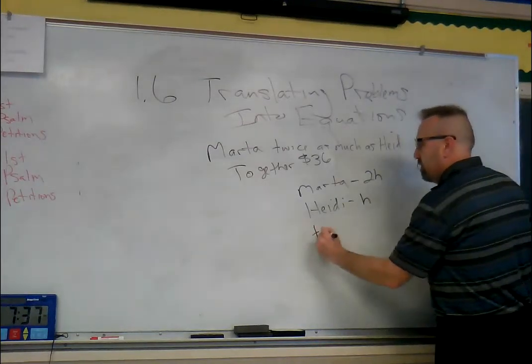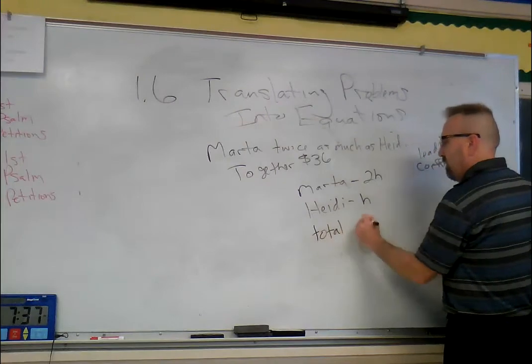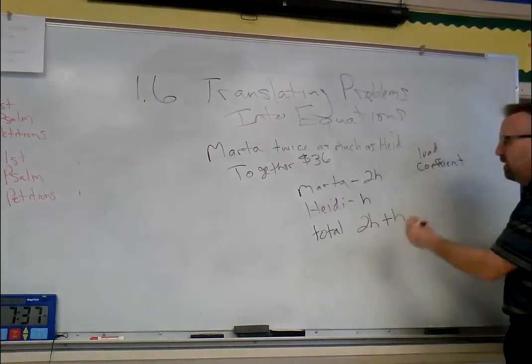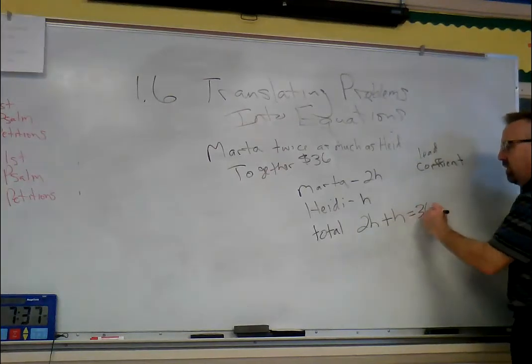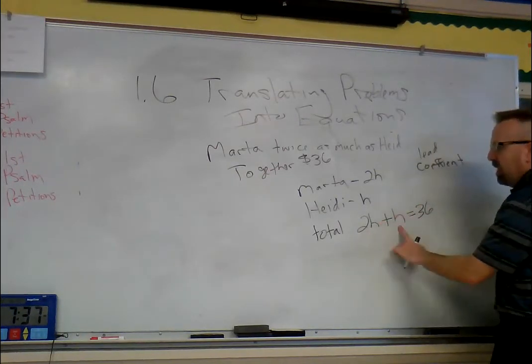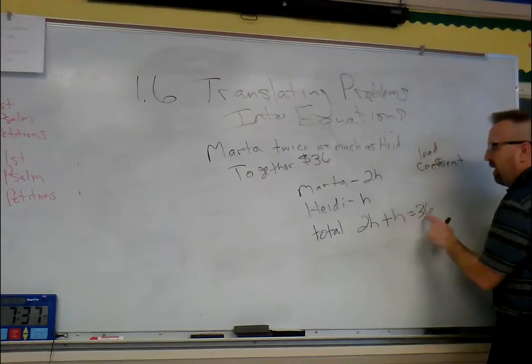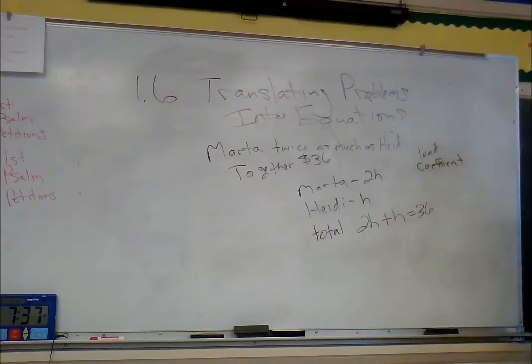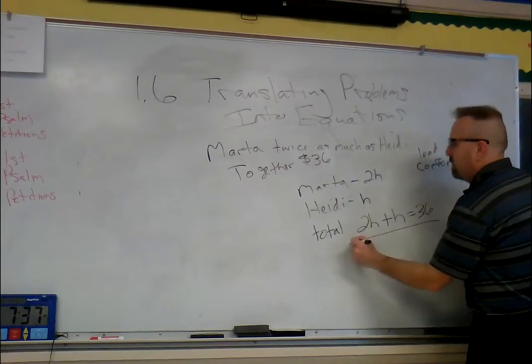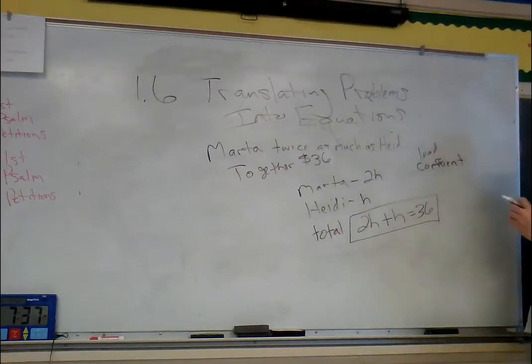So for total, or together, we're going to take Martha, add Heidi, and that's going to equal $36. So Martha's money plus Heidi's money together equal $36. Obviously from there we can solve, and that's what we're going to do tomorrow. Tomorrow we're going to do the algebra to solve, but today you are just setting up the equation.